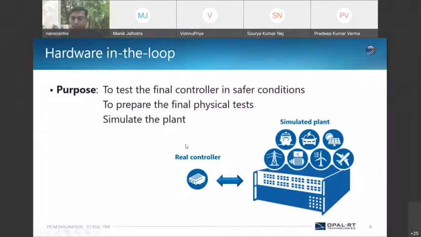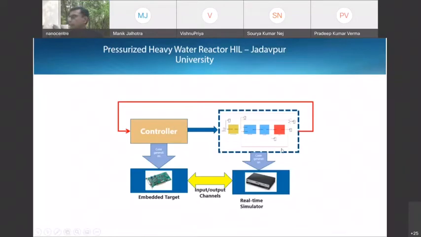As an example of the HIL platform, we see over here that in Jadavpur University, they wanted to develop a heavy water reactor. Now, obviously, a heavy water reactor in itself is not very feasible.